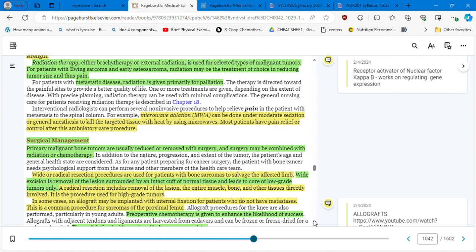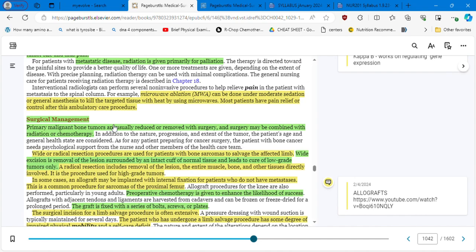Surgical management for this type of bone cancer: primary malignant bone tumors are usually reduced or removed with surgery, and surgery may be combined with radiation or chemotherapy. Wide or radical resection procedures are used for patients with bone sarcomas to salvage the affected limb.